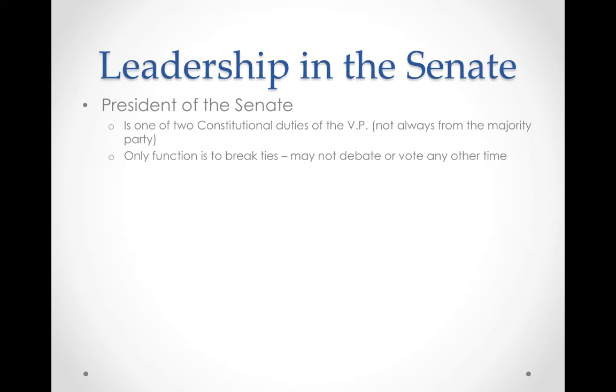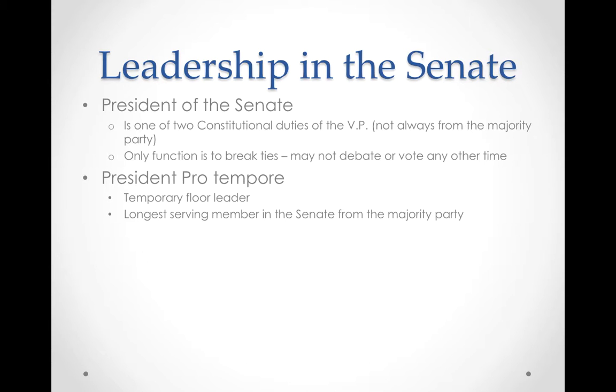And the President of the Senate is not always from the majority party. The Republicans currently have control of the Senate, and Joe Biden is currently the President of the Senate. He is a Democrat. So the only thing that he does in that chamber is to break ties. He can't debate. He can't vote any other time because he is not a member of the Senate. So the only function that he has is to break ties.